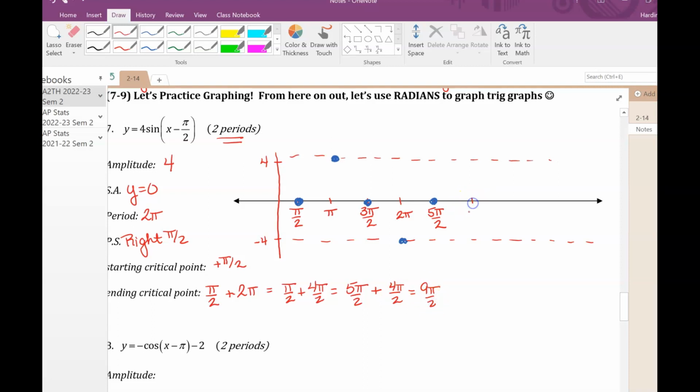So if I keep doing critical values, this will be 3 pi, 7 pi over 2, 4 pi, and then 9 pi over 2. All right, I've got the pattern going. At 3 pi, it'll be up high. There we go. Now that is 2 periods of the graph.